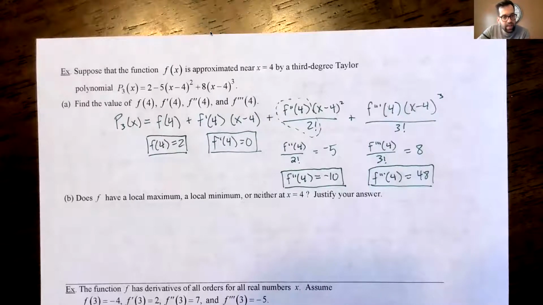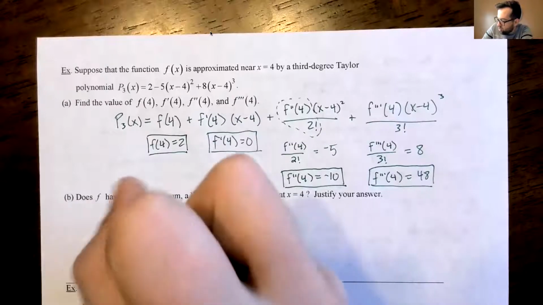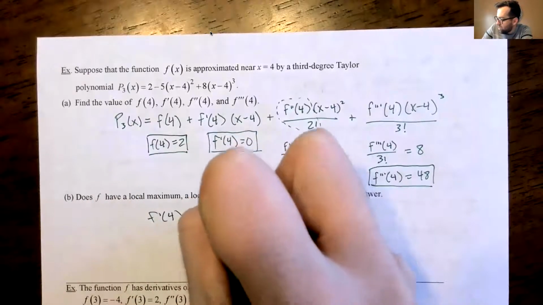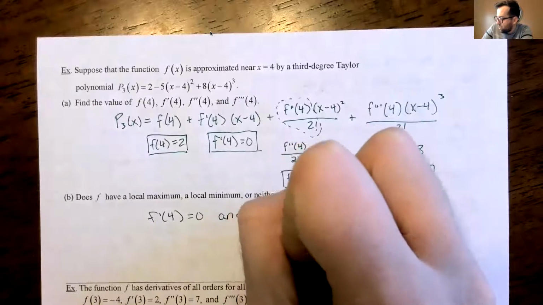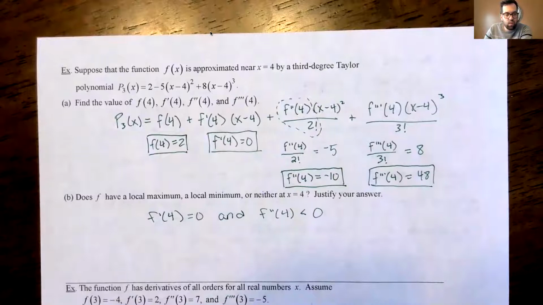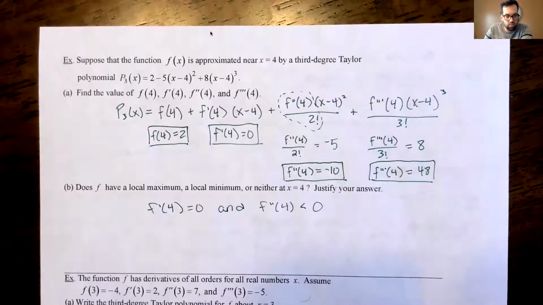Letter B, does f, so our original function, does it have a local max, a local min, or neither at x equals 4? So we can use these derivatives to help us with this. We can tell that f prime of 4 equals 0, and we can tell that f double prime of 4 is negative. So when our first derivative is 0, we know that we have a relative extreme value.